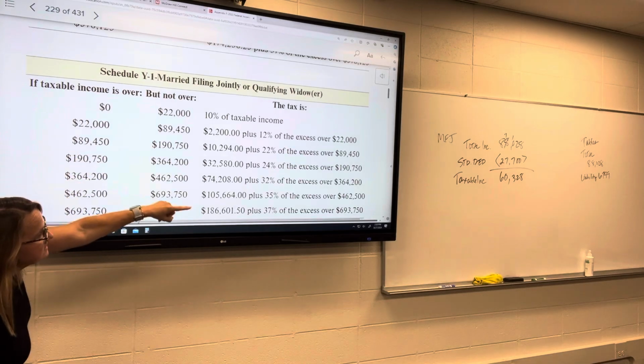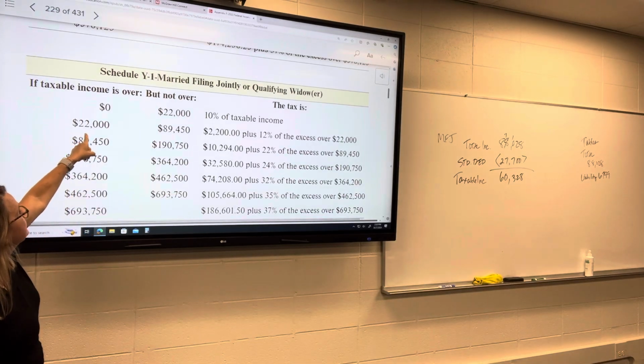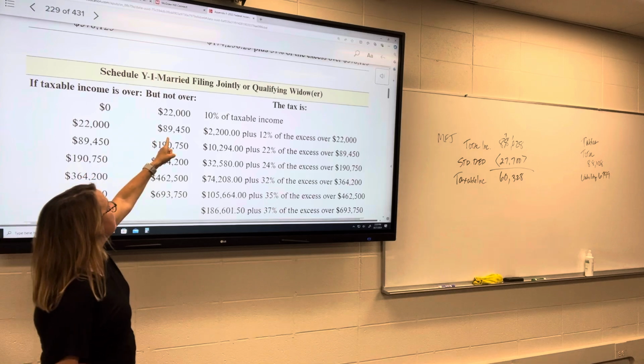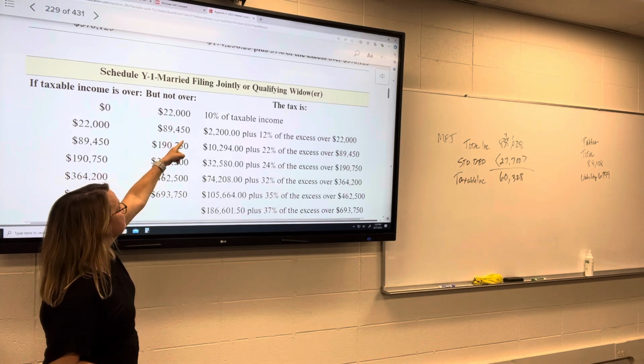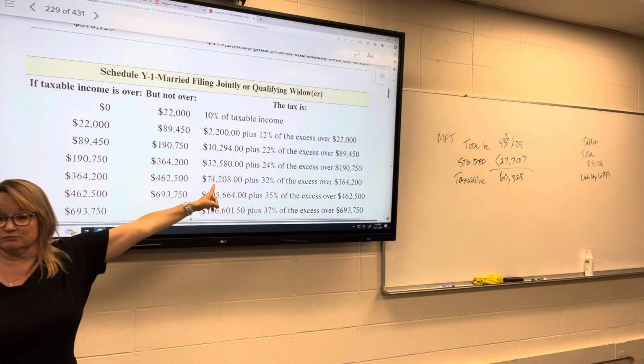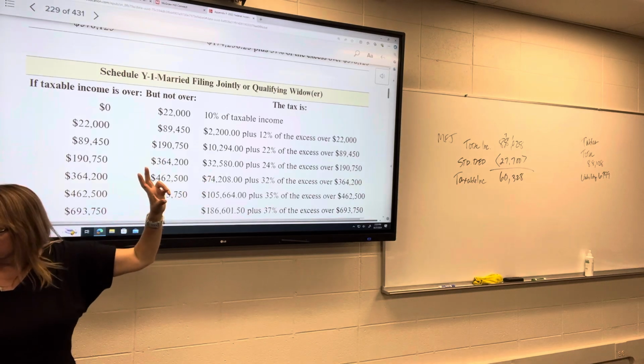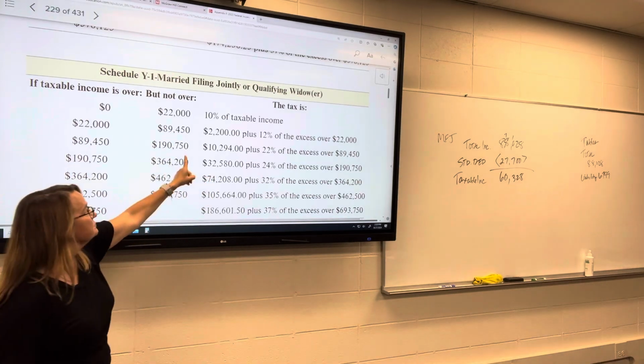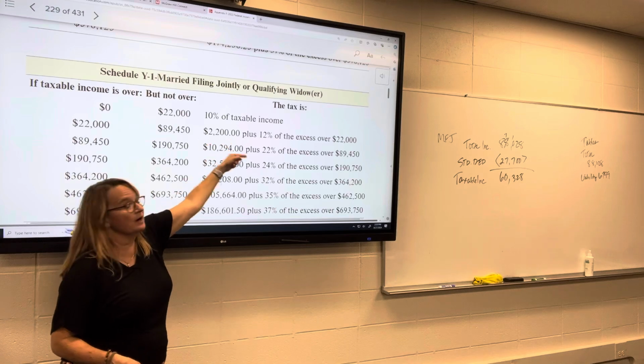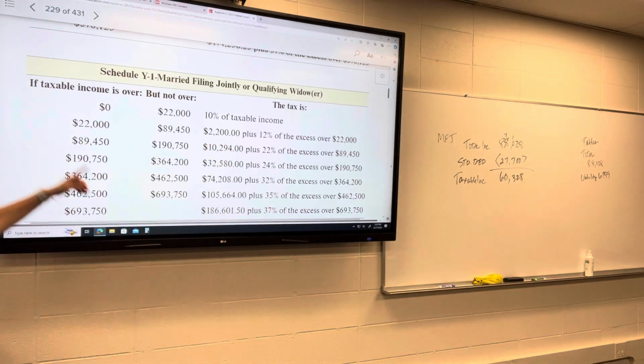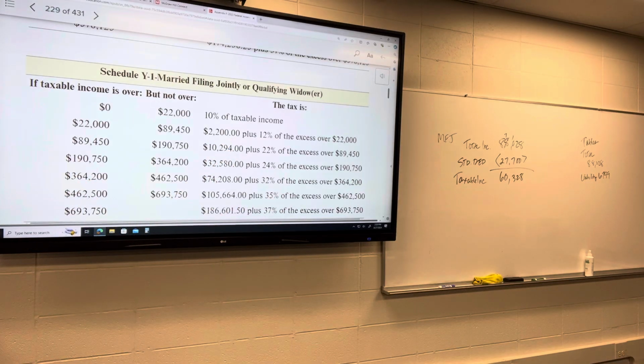And ours, 60,328, is between 22,000 and 89,450. They give you the calculation right here. There are a couple parts to it. First, they just give us this 2,200. What is that 2,200? That's our first bracket, it fills up our first bracket. Same thing happens for all of these.